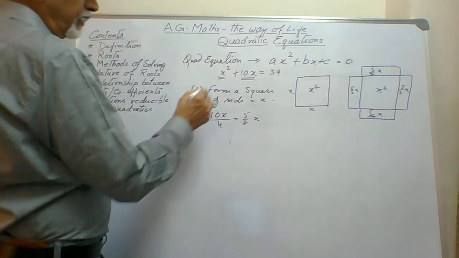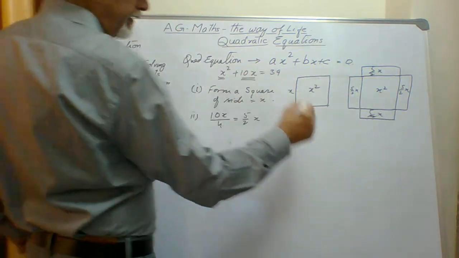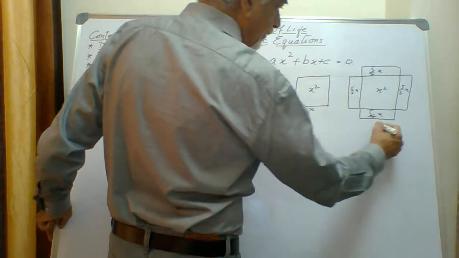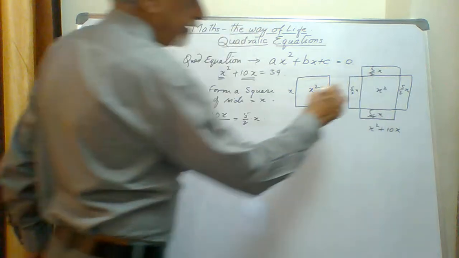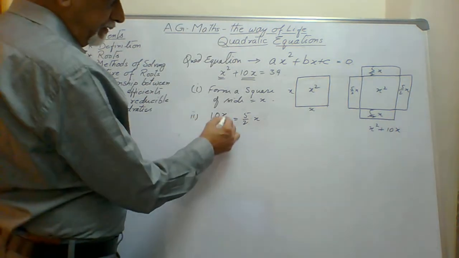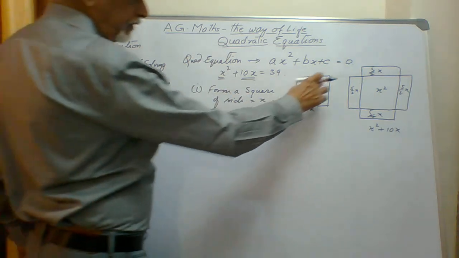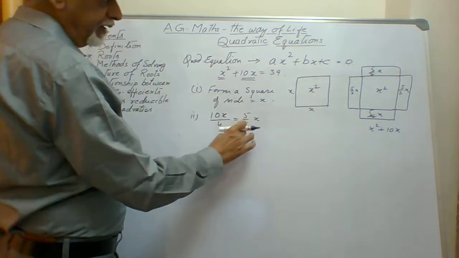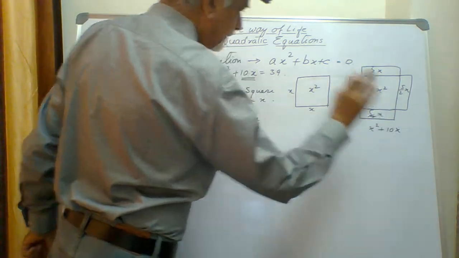Then what happened? I have taken the left hand side in this figure. This is only x square. Now this is called x square plus 10x because I have added 10x, which is 10x divided by 4 on each side of the original square, that is 5x by 2. So now we have a figure which represents x square plus 10x.